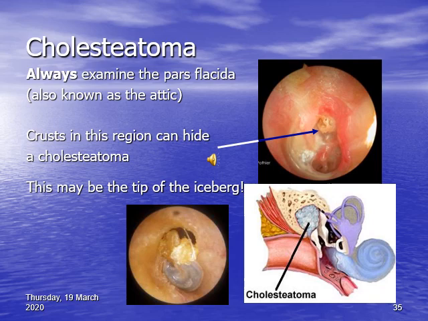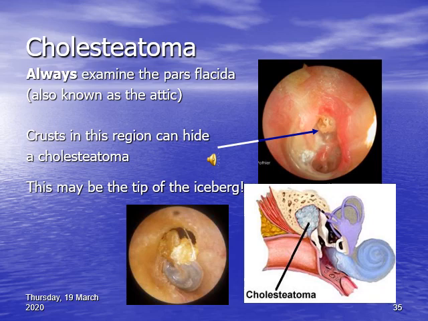How will the patient present when he has cholesteatoma? He will present with discharge from the ear. The discharge will be scanty and offensive, sometimes blood-stained, and the patient also complains of hearing loss because of destruction of the ossicles and sometimes even inner ear dysfunction.